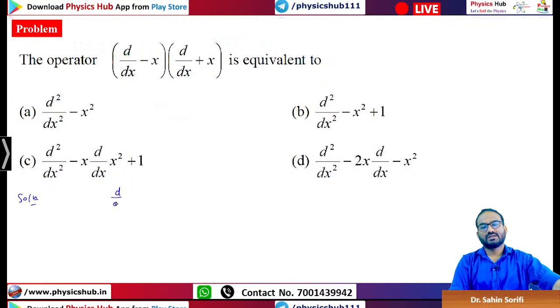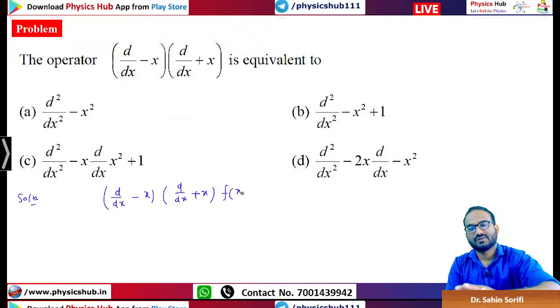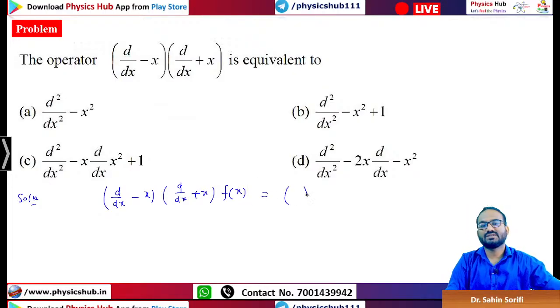So for the time being, let's say we are applying it on some function f of x. After calculation you will get something times f of x, and that something will be the answer, right? So you have to find out this.